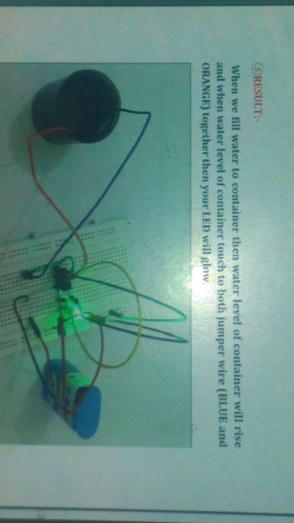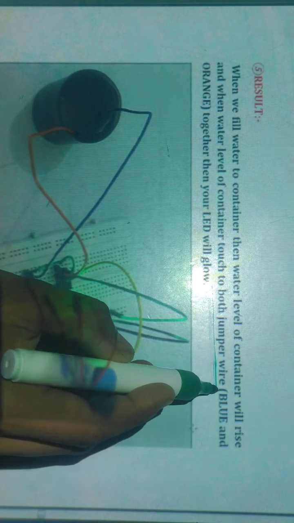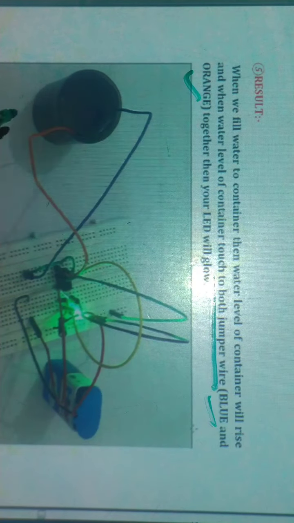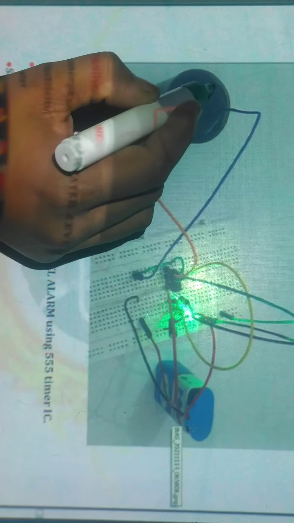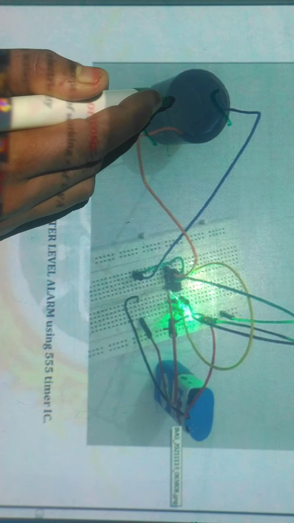How does this circuit work? When we fill water into the container, the water level will rise, and when the water level touches both jumper wires together, not just one of them, the blue one and the orange one together, then your LED will glow. First insert the disconnected terminals of both jumper wires, blue and orange, into the container.